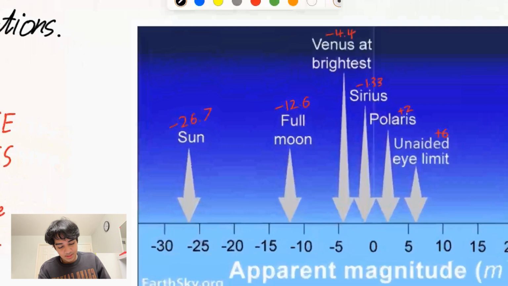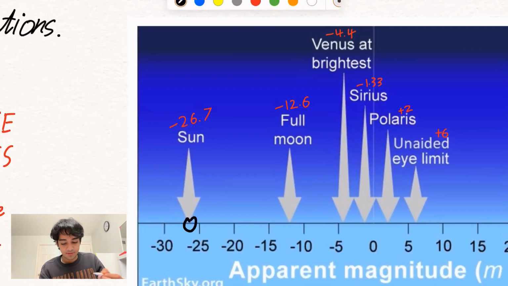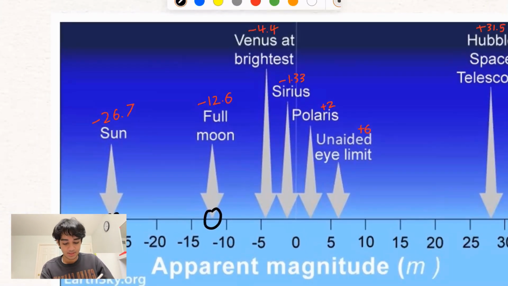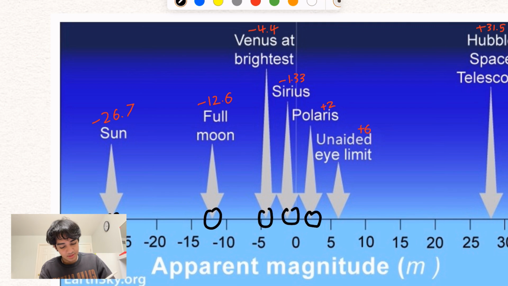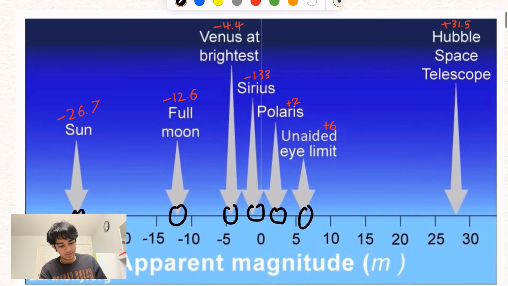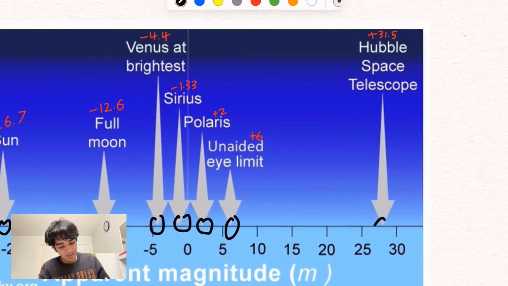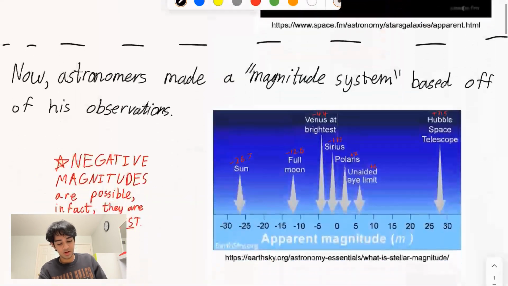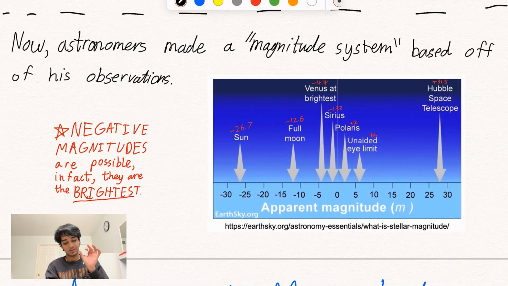For reference, the sun is at negative 26.7, our full moon is at negative 12.6, Venus at its brightest is at negative 4.4, Sirius, which is the brightest star in our sky, is negative 1.33, and Polaris, our North Star, is at 2. Our eyes can see as far as 6, which is how Hipparchus got his 1 through 6. And the Hubble Space Telescope is at 31.5. This is how we can fit some of the common objects into a magnitude system.